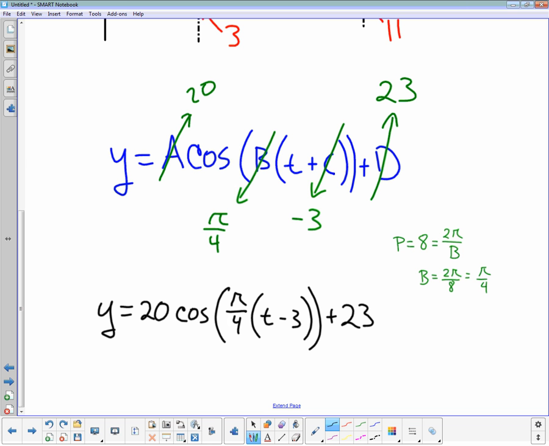Now, the phase shift between a sine and a cosine wave is how much? 90 degrees or pi over 4. Sorry, pi over 2, excuse me, thank you. So what I need to do is figure out how to shift this a quarter of a wave.